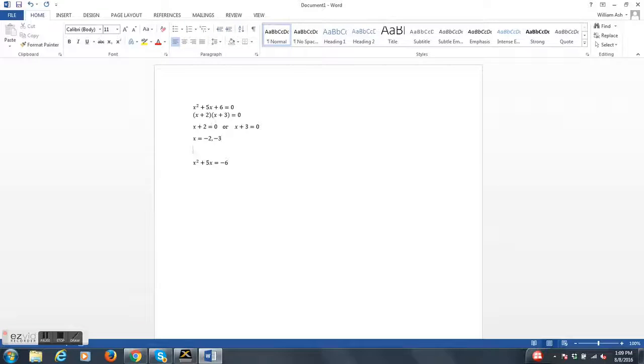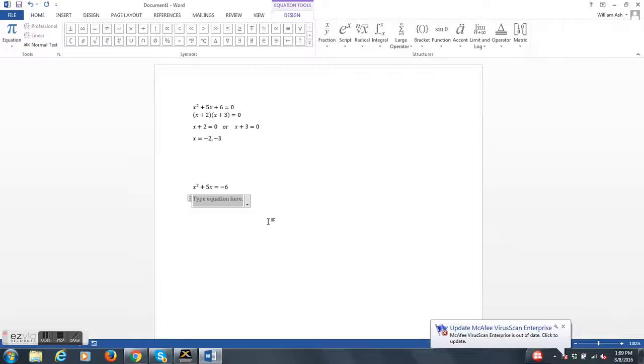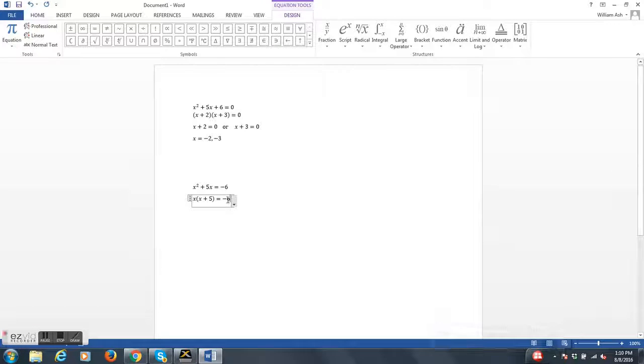Because I can factor this left-hand side, but now I'm just multiplying two things together to get -6, and that's not useful to me, right? Because there's a lot of different ways I could have gotten -6 between these two numbers. So that's not going to work. The only way it's going to work is if it was 0, right?